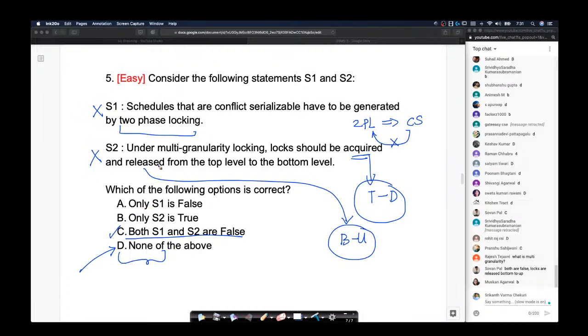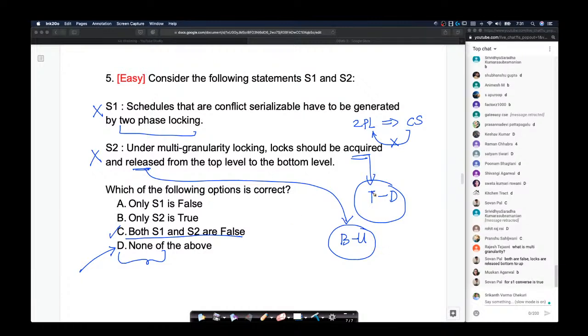So that's why you should read the statements given carefully, and you should also read the options very carefully. Another possible error that students could commit is not reading the statement itself correctly. For S1, I think most of you would get it right because you know that two-phase locking implies conflict serializability, but not the other way around.